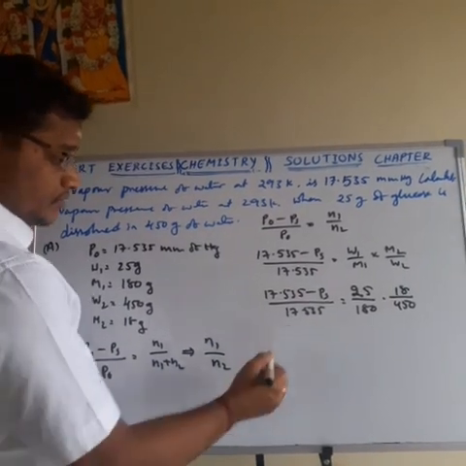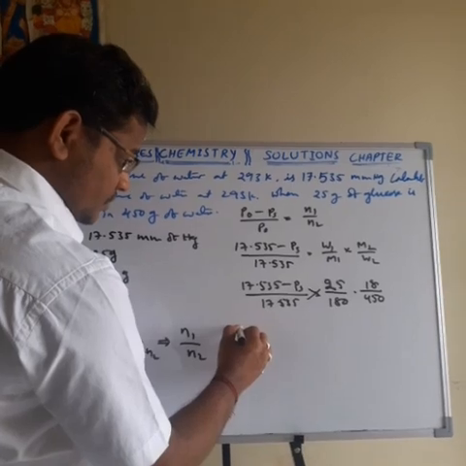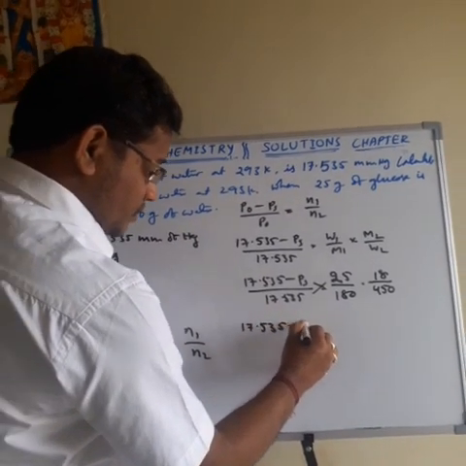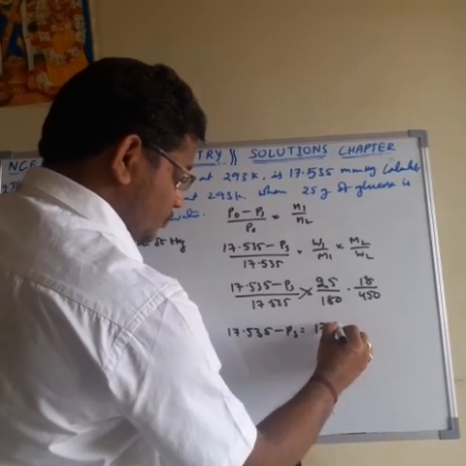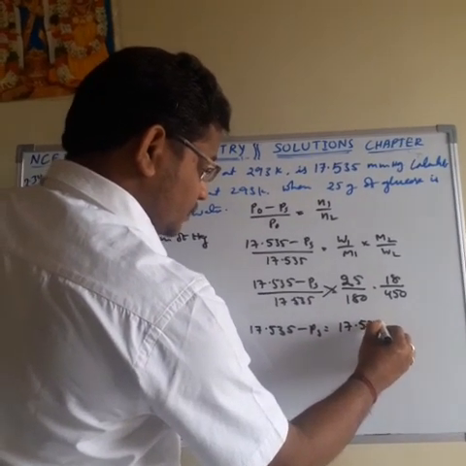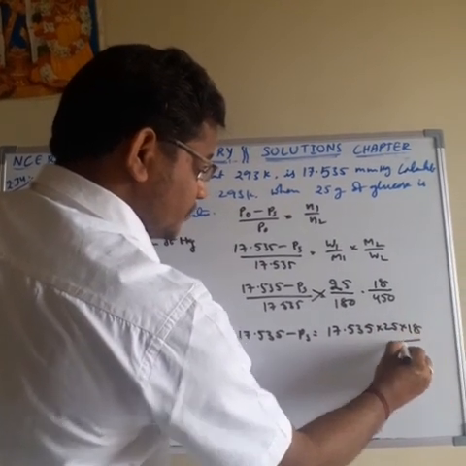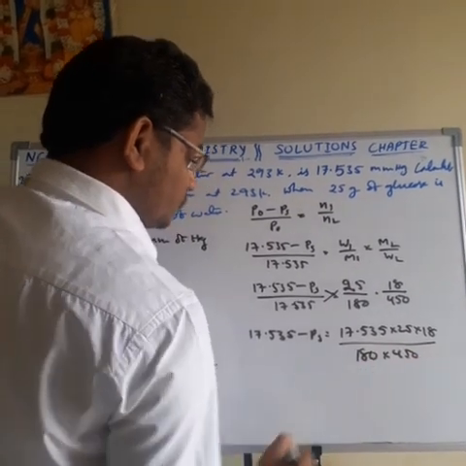Then taking cross multiplication, 17.535 minus PS is equal to 17.535 into 25 into 18 divided by 180 into 450.